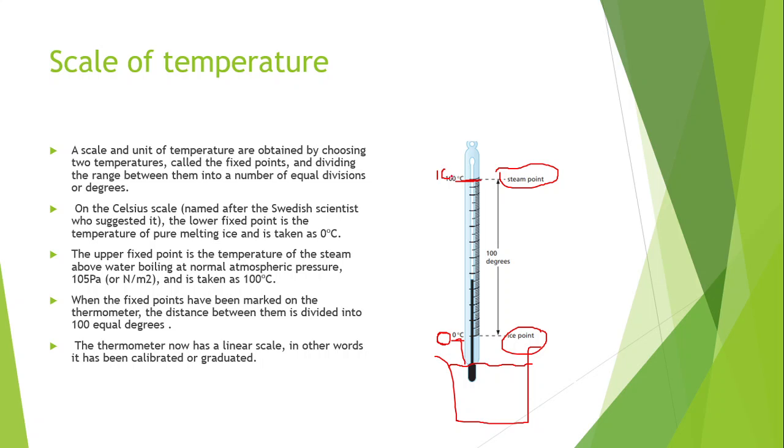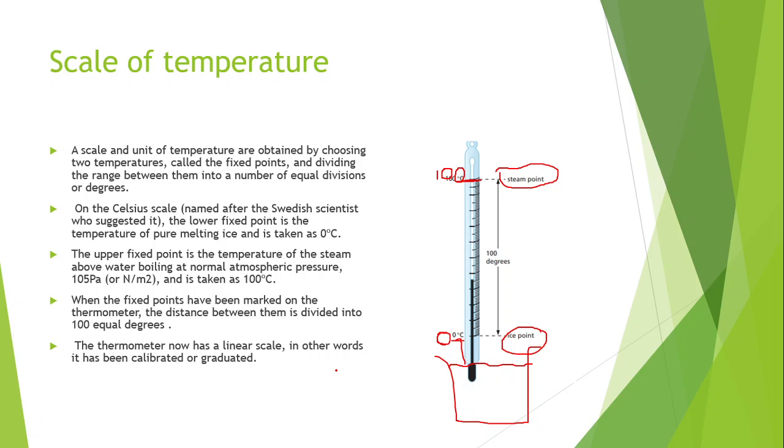Now the next thing that I do, since I know that my mercury, the liquid that I had, expands linearly, I'm just going to divide the length of this thermometer from 0 to 100, the marks that I had made already, into 100 divisions, and it's going to give us a good scale of temperature. The thermometer now has a linear scale.